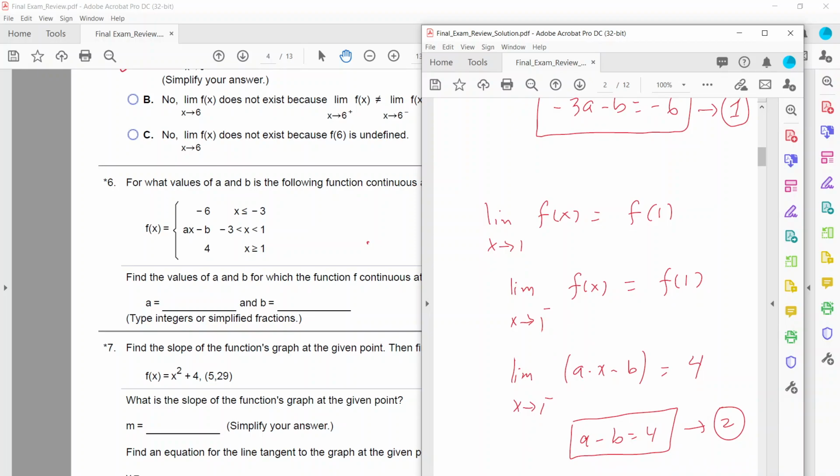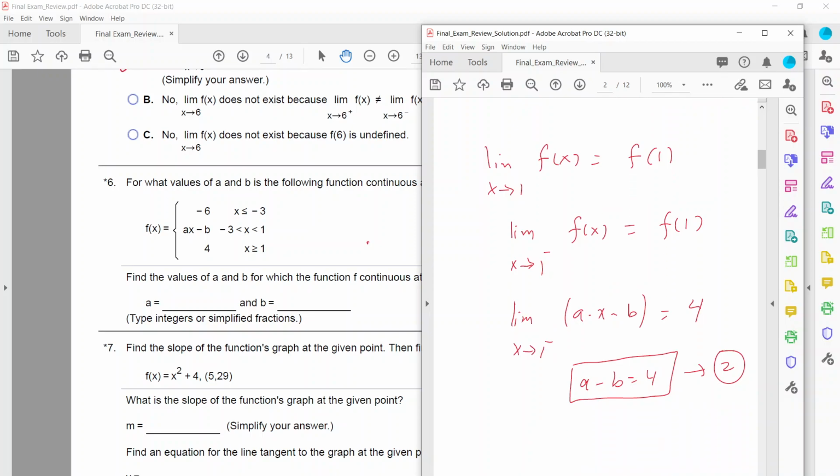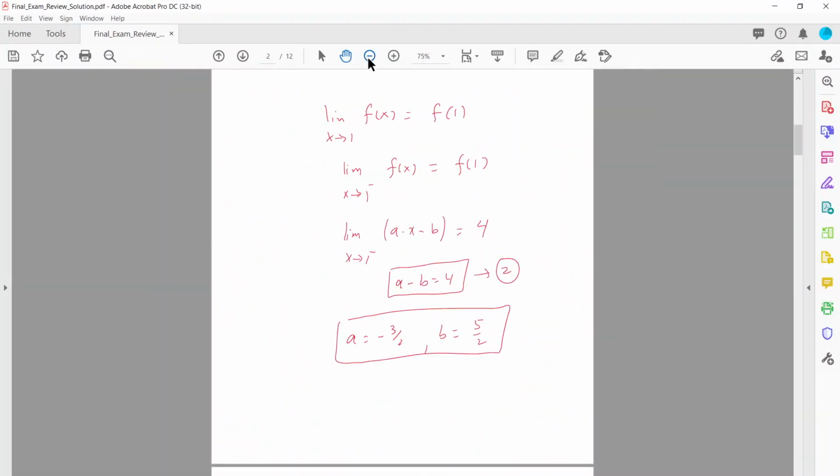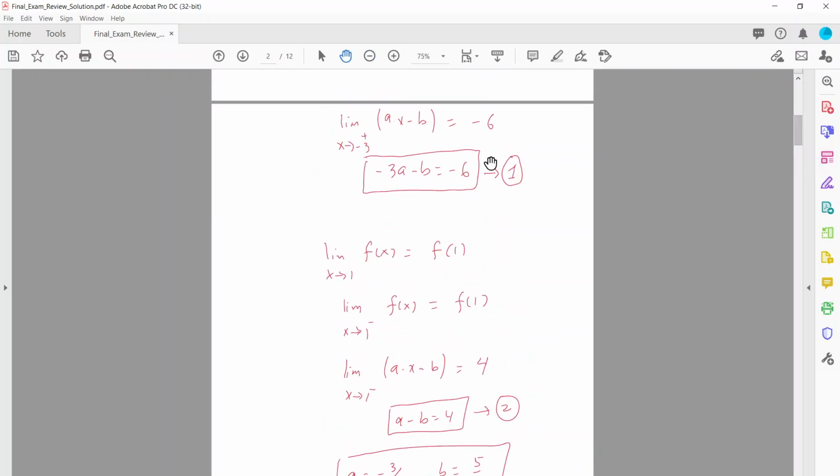Just solve this system of equations for a and b. By solving equations 1 and 2, I found a equal -3 over 2 and b equal 5 over 2.